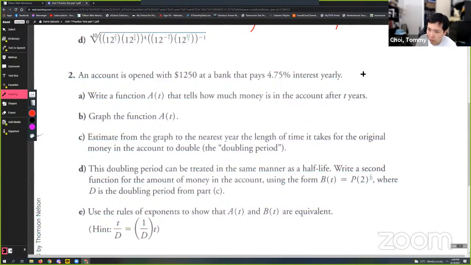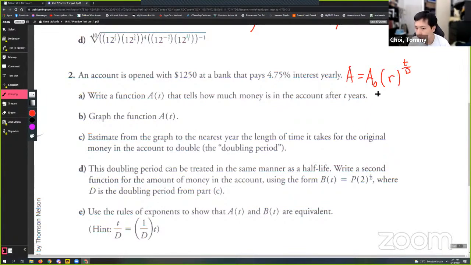We said doubling time was A is equal to A naught times 2 to the power of T over D. If that's the case for doubling time, we can argue that for any rate of increase, it would be the same formula. It doesn't have to be doubling, it could be tripling. It could be I'm getting 50% more, or 25% more. It's going to be the same thing.